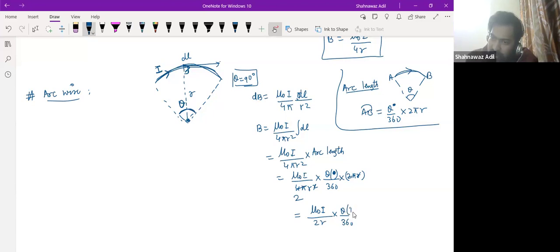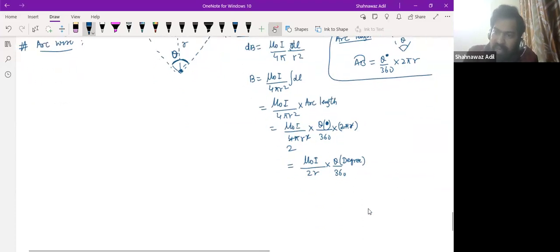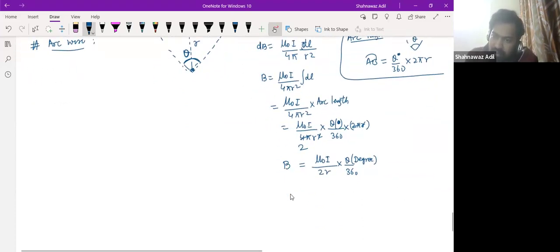So this theta is in degrees. But if we write it in radians, how much is 360 degrees in radians? 2 pi.